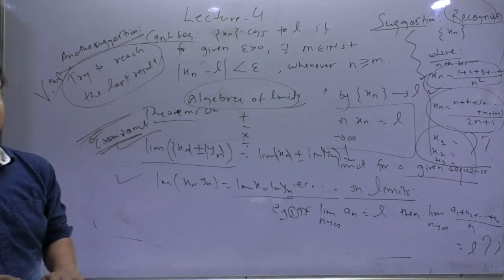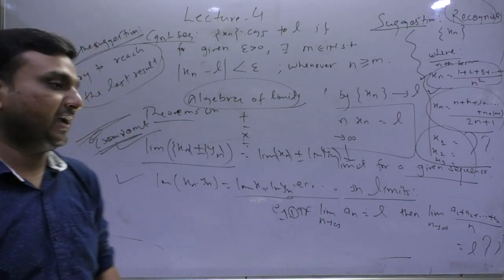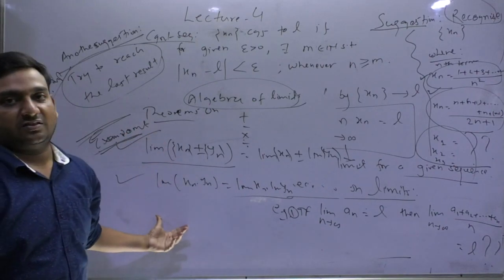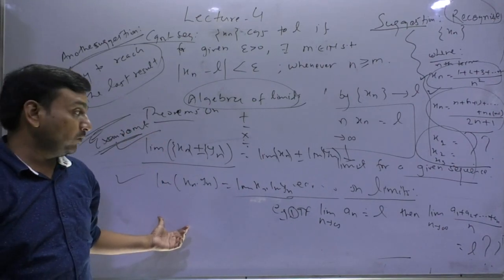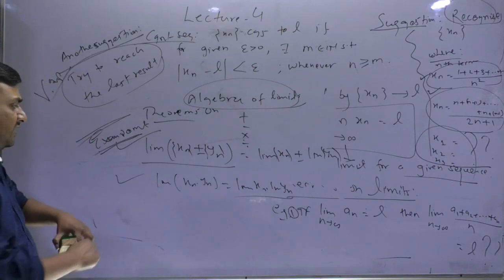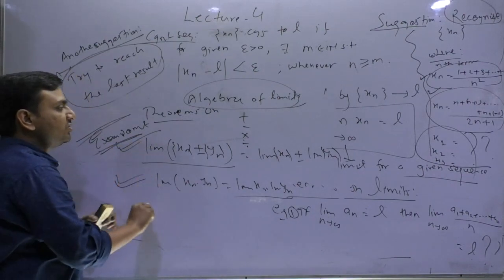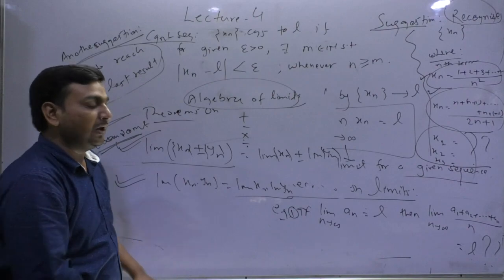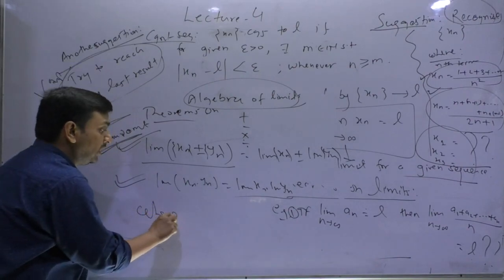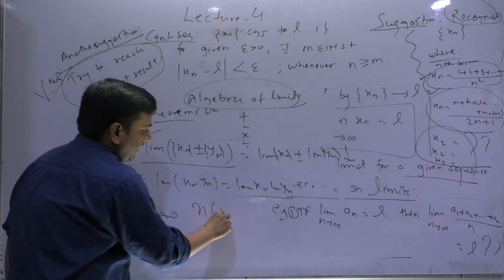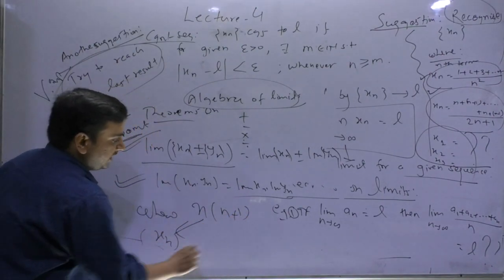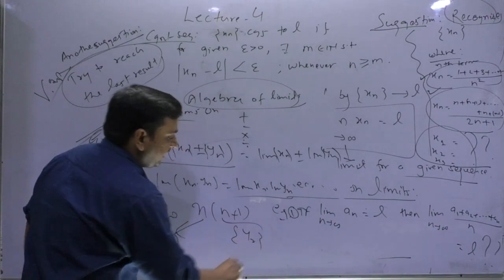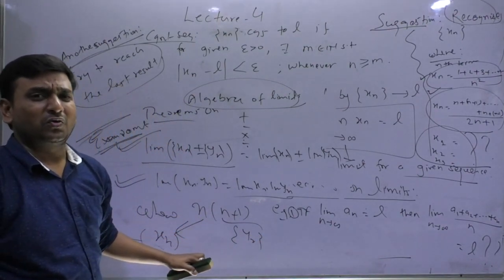And again I am saying I may take a 2 hour lecture for this, but that is nothing more than a blunder, and I don't want to do that. The algebra of limits is useful where you have some terms like this, so you may consider this as xn and you may consider this as yn, just a mere example for you.